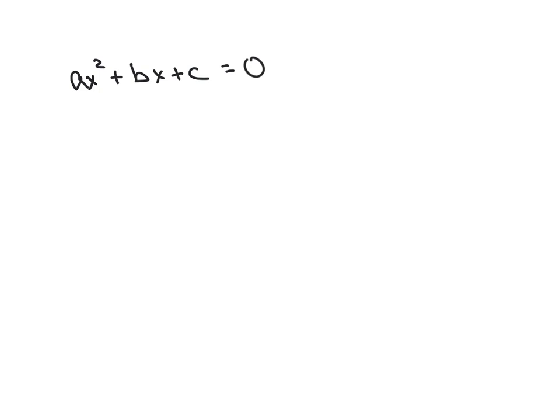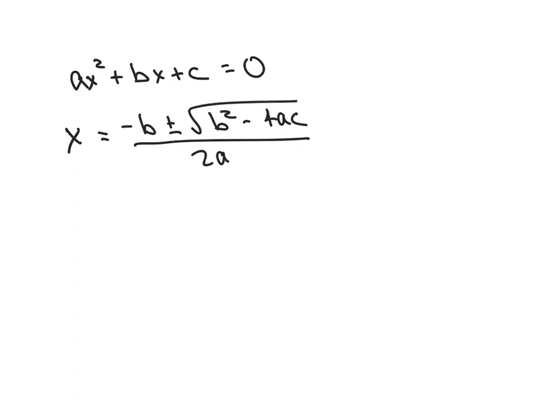And when we solve for x, so when we subtract c from both sides and we just go through the whole thing of solving for x, we end up with an answer of negative b plus or minus the square root of b squared minus 4ac all over 2a. So that is the quadratic formula.